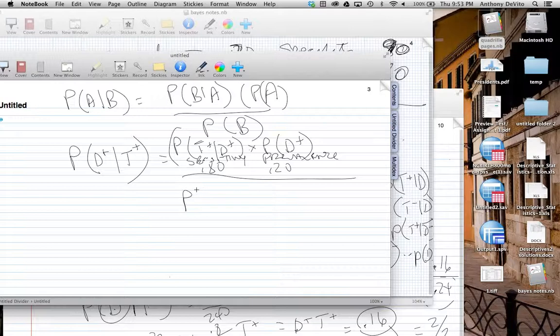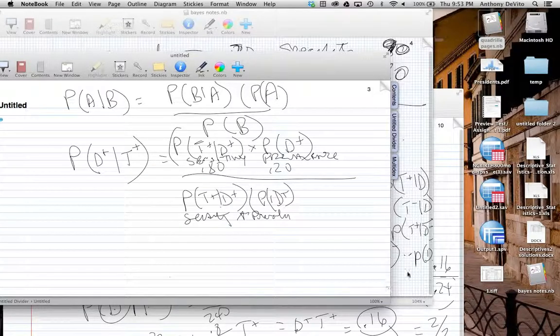In other words, the probability they tested positive and had the disease, in other words, the sensitivity times the prevalence, right? That's one way we can get a positive test. And that again is the sensitivity times the prevalence.